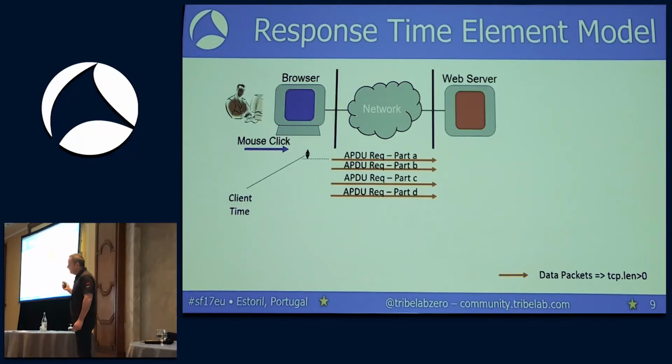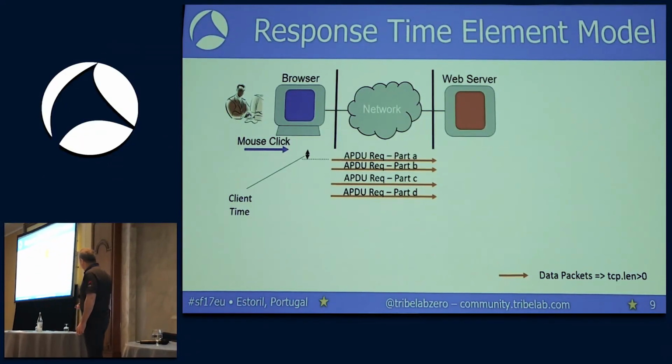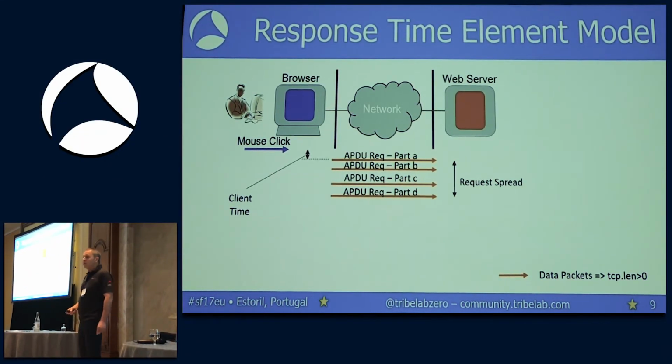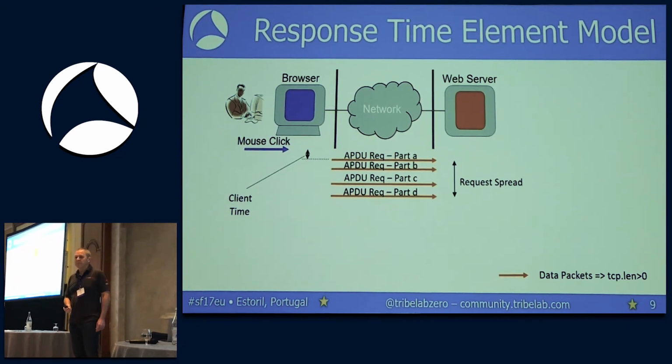And here I'm just looking at packets that contain payload data, TCP segment payload. The easy way to filter for those is to just use the filter term tcp.len > 0. So that just gives us the data packets. The time it takes to send these packets, we'll call that the request spread.